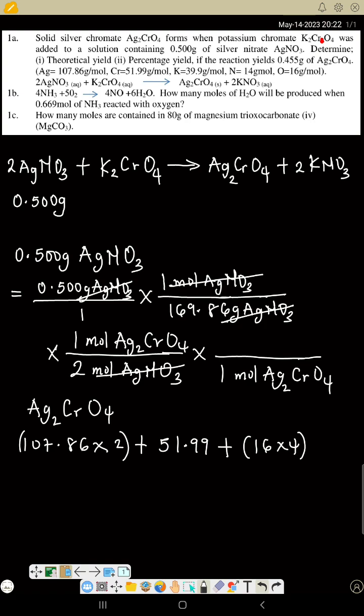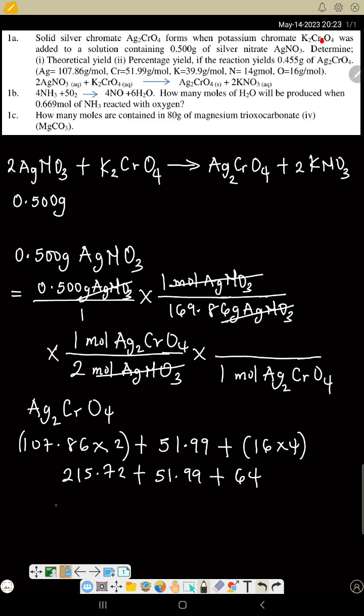So that means we have 107.86 times 2, that is 215.72, plus 51.99 plus 64, because 16 times 4 is 64.